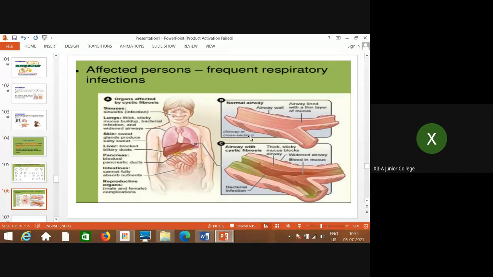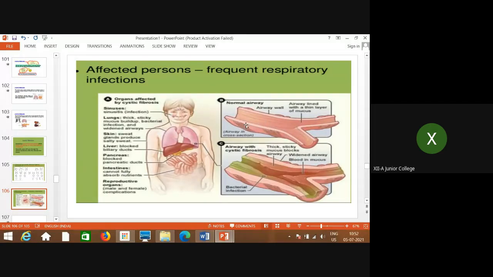This is the normal airway. You can see the thin mucus here, whereas in the affected person suffering from cystic fibrosis, the mucus layer is very thick. In the normal person, the airway wall is thin, so there is a proper channel for the windpipe or respiratory tract, or the digestive and intestinal tract.